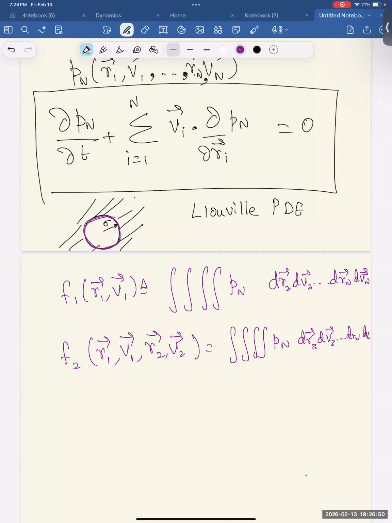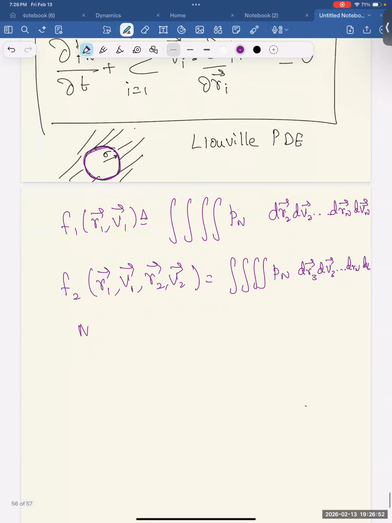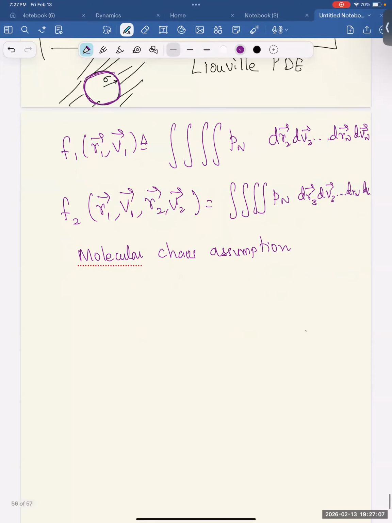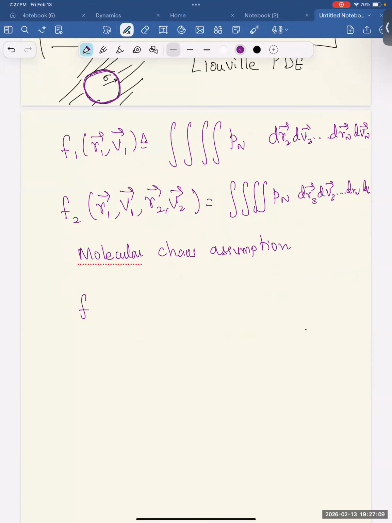And then we made the molecular chaos assumption, which was required to close the Boltzmann equation. I'm not going to write down the details, but basically you have F2 of R1, V1, R2, V2. Okay, so this does not close the equations.